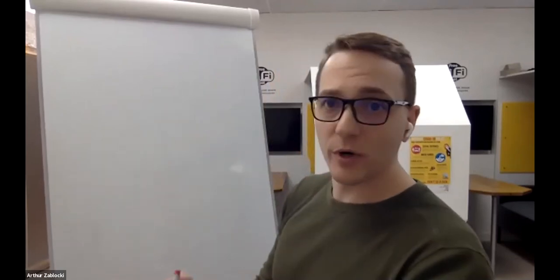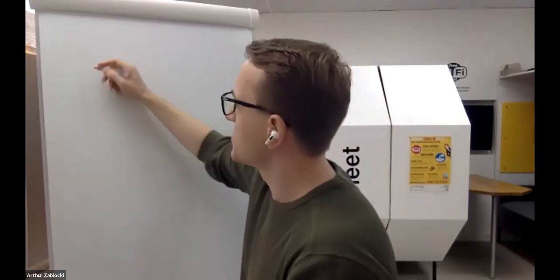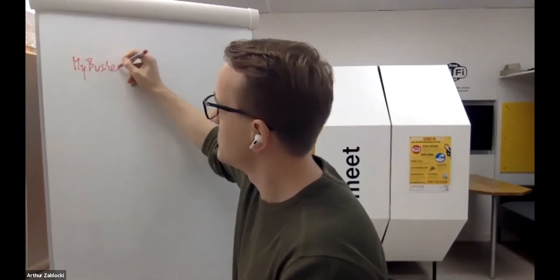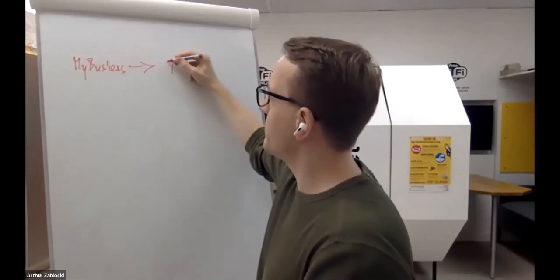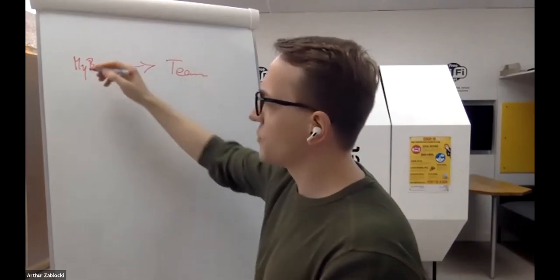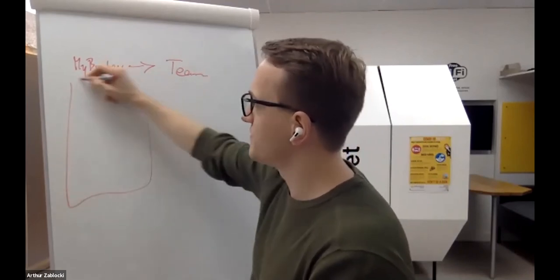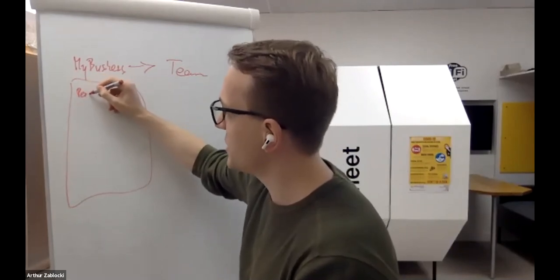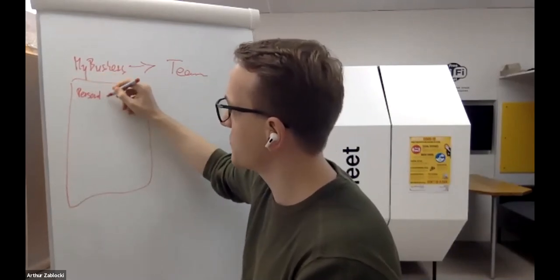So quick, because it's 29 now. When you go to My Business, and then you go to Team, you've got your whole dashboard. So personal team is somewhere here, depending on where you access it from.